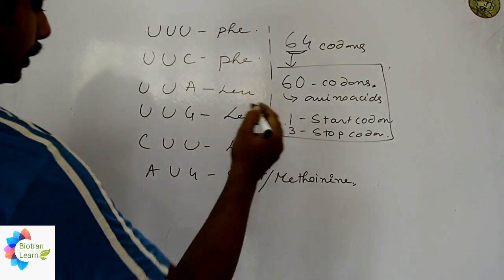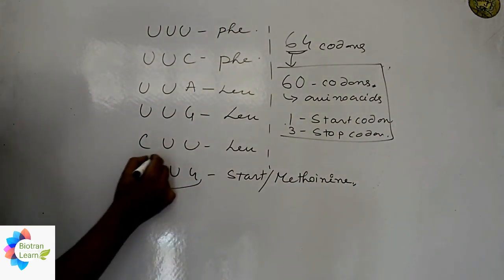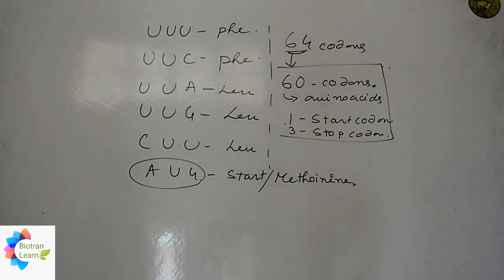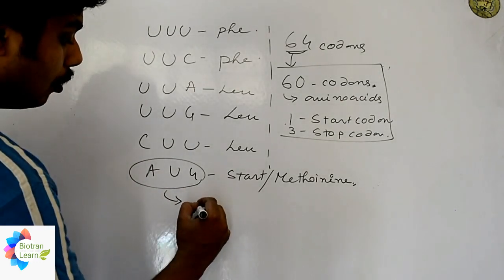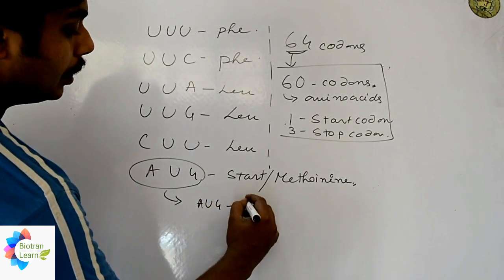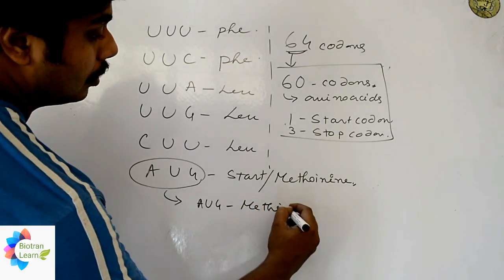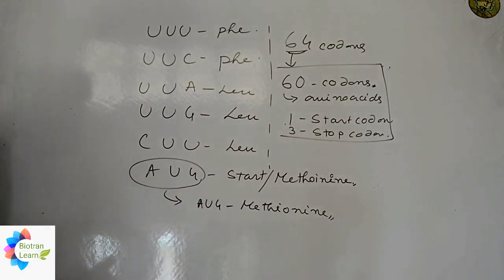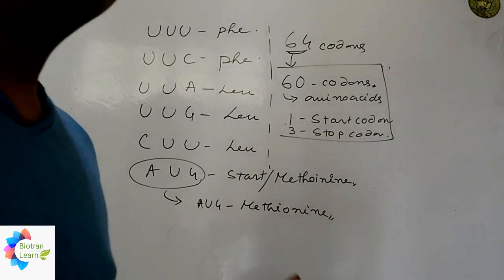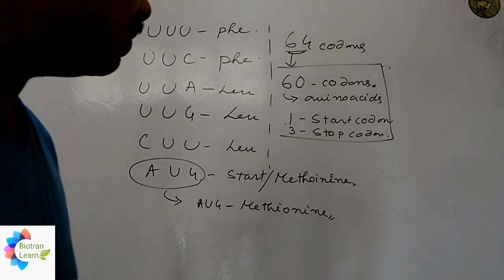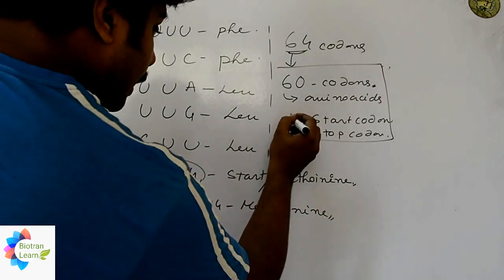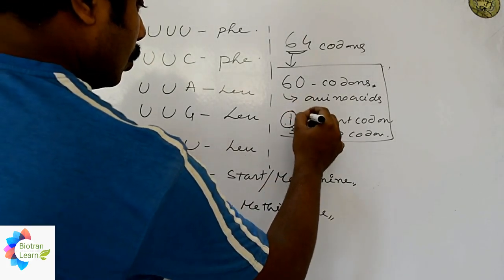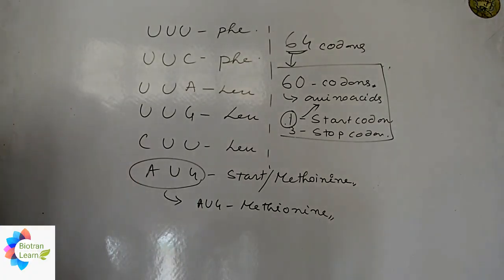Now let's take this start codon, AUG, and we can say that AUG also codes for methionine. Hence it's coding something, it's charging the methionine and putting it in a particular place. So this one is also an amino acid producing codon.